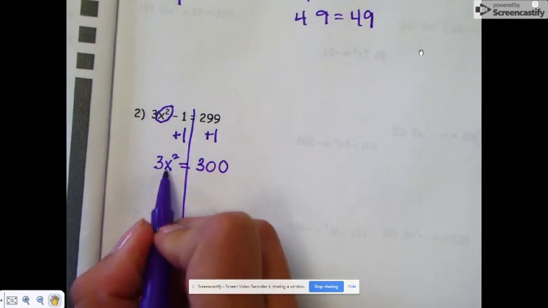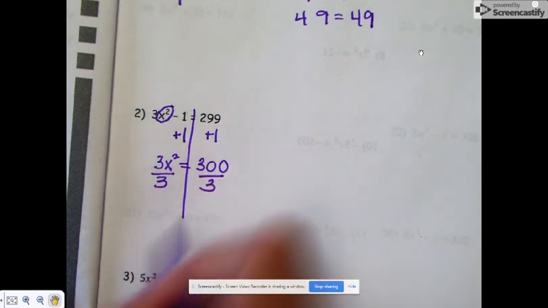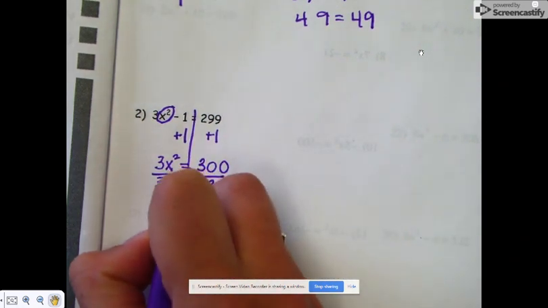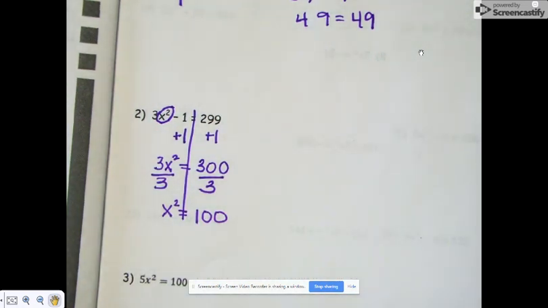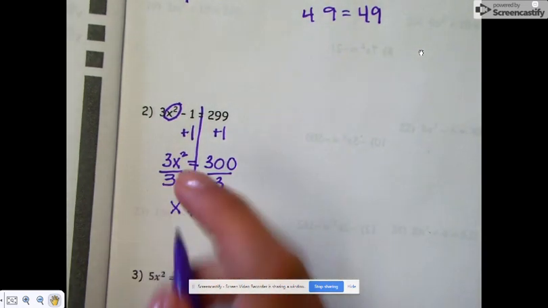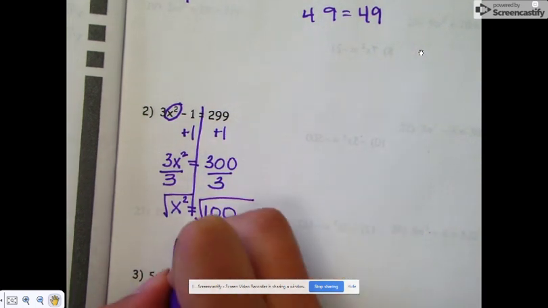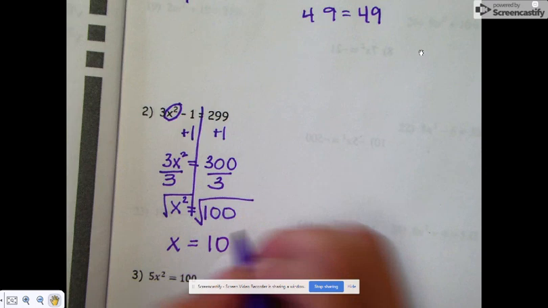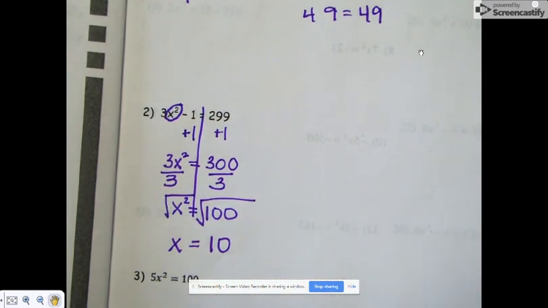Now to get x squared alone, I have to undo that multiplication. So I'm dividing by 3 on both sides, and I get x squared is equal to 100. Now I'm at the part where I can undo the square. The square root of x squared is x, and the square root of 100 is 10. So x equals 10 is my answer.